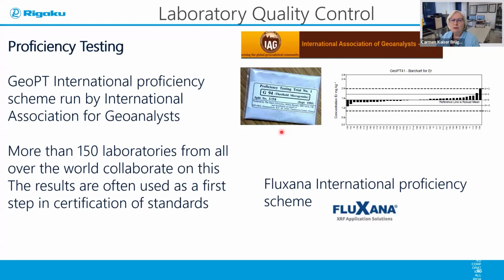And of course, the advantage is that you can benchmark your results internationally with other groups within the same geochemistry applications. You can also take part in Fluxana, but this is usually more for fused bead proficiency testing schemes, and there are many other types.